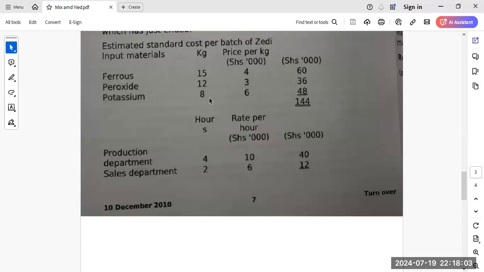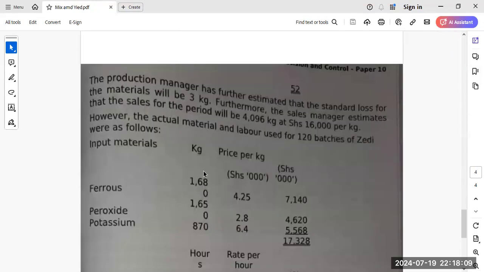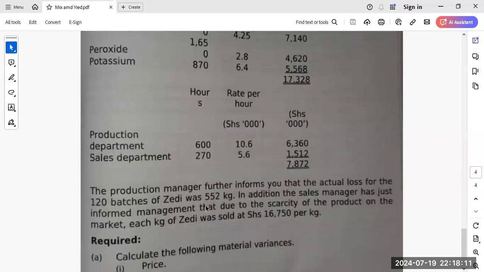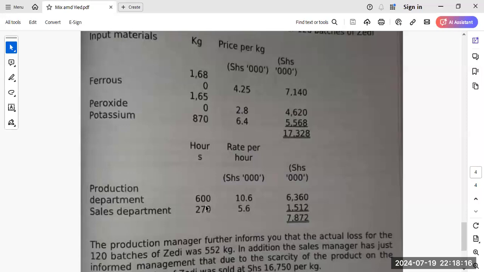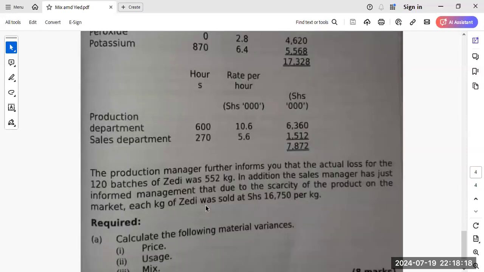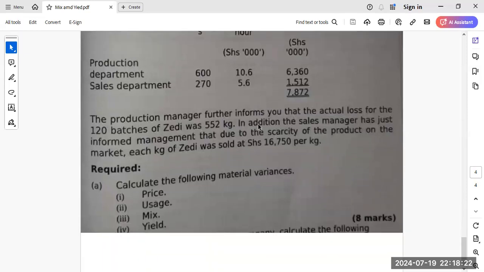The only difference was that for this question, they didn't put everything here, but they had to give us that information in the additional note. So that's all, colleagues, about material variances with mix and yield.